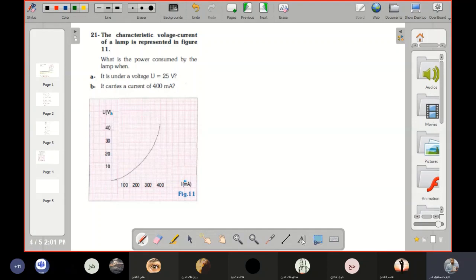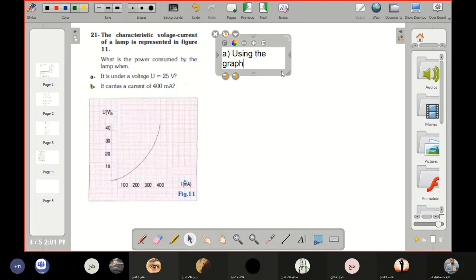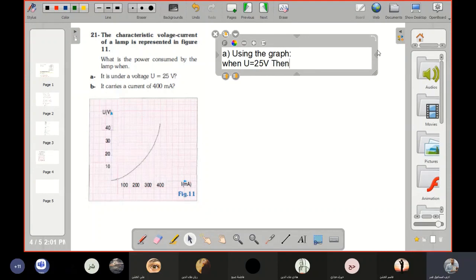So we start with part A. We say, using the graph, when U equal 25 volts, then the power P equal how much?